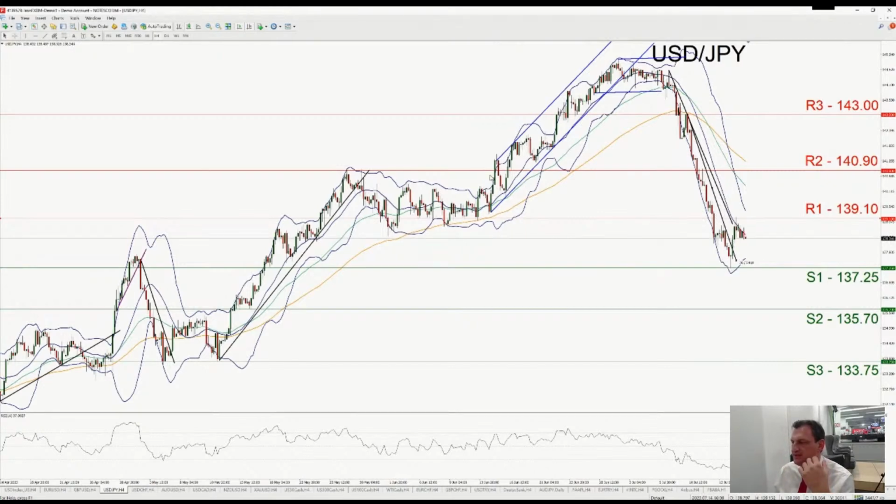So we may see the bank actually maintaining its ultra loose monetary policy settings in place. A possible tweak would definitely support JPY and cause USD JPY to drop far lower.